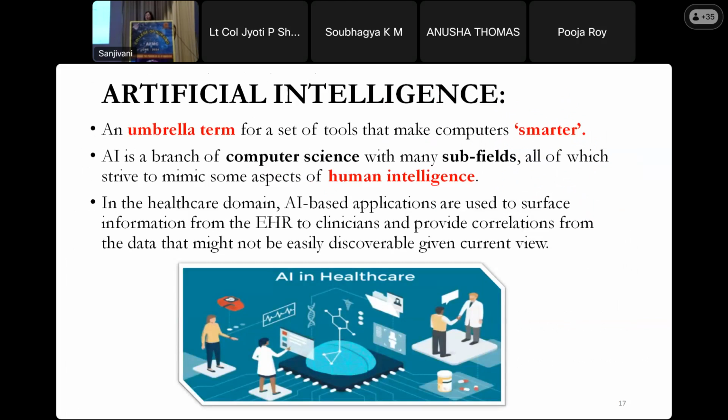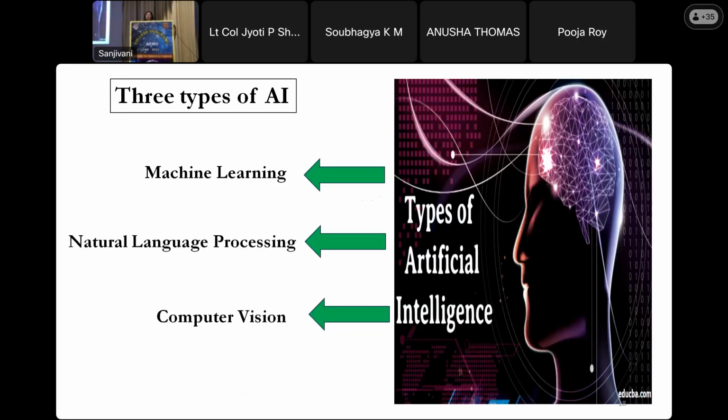Now, we are all aware of artificial intelligence. We know it is the umbrella term used to call the computer smarter. Moreover, artificial intelligence is a branch of computer science, which we already know, and it basically mimics human intelligence. These three aspects of AI were very nicely dealt with: machine learning, natural language processing, and computer vision.